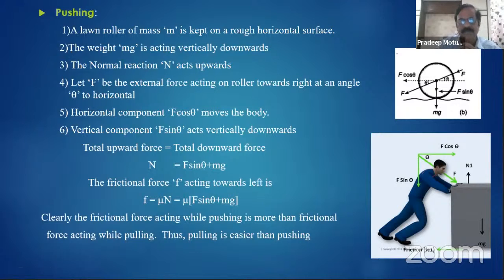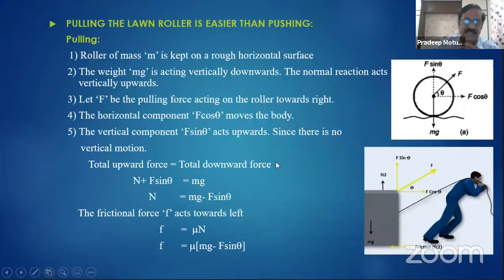Remember. Hope you understand which one is more, pushing or pulling, and which one is easier to move. From these equations, you can easily understand that pulling the lawn roller is easier than pushing it.